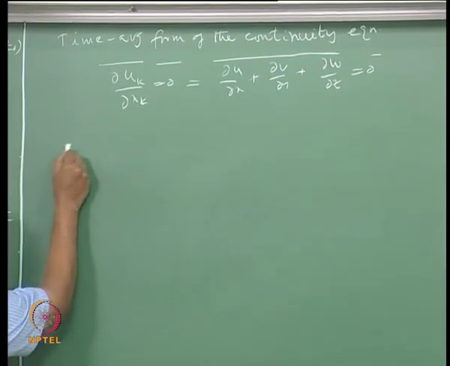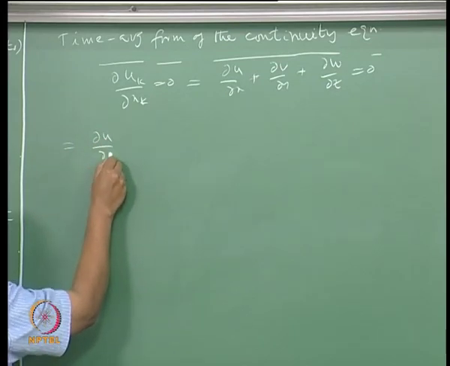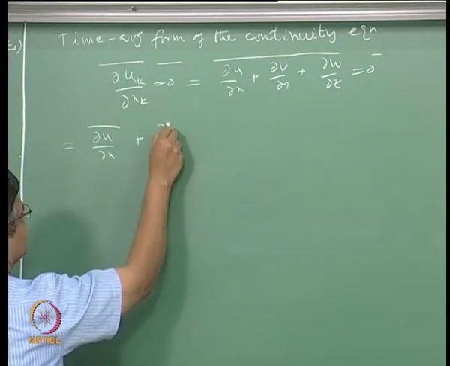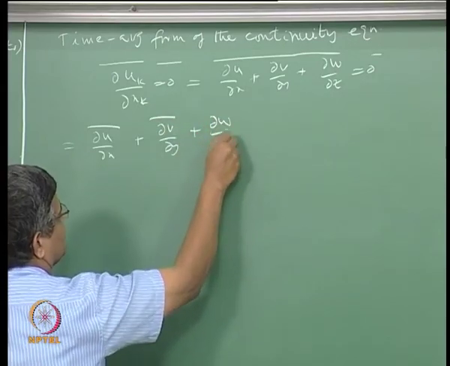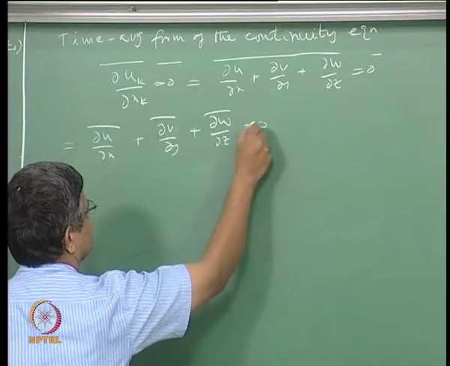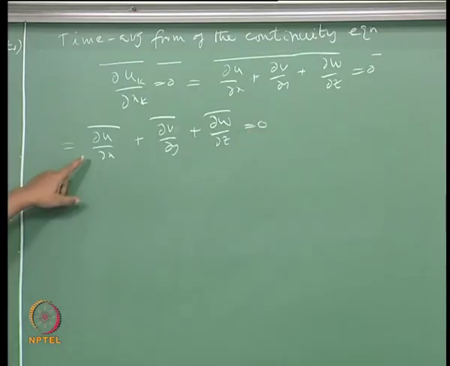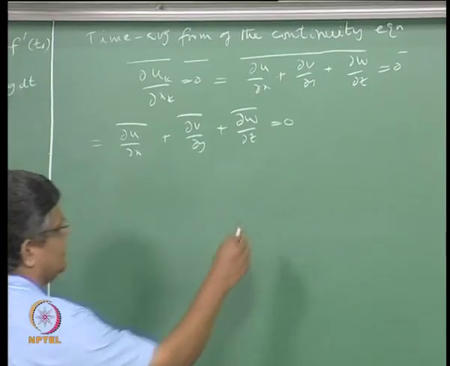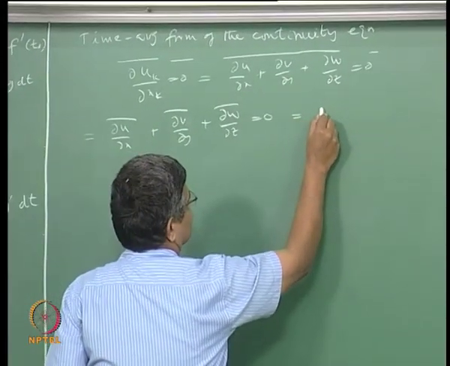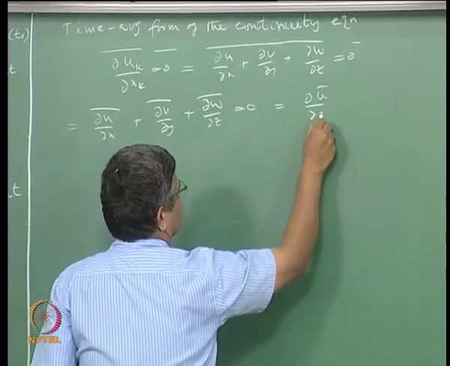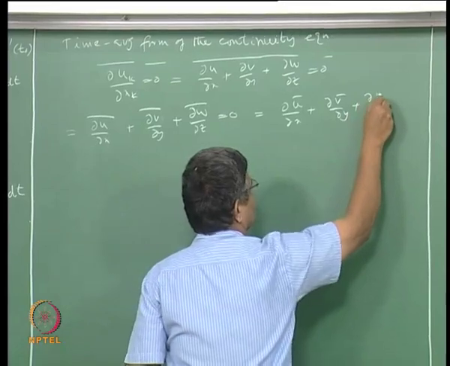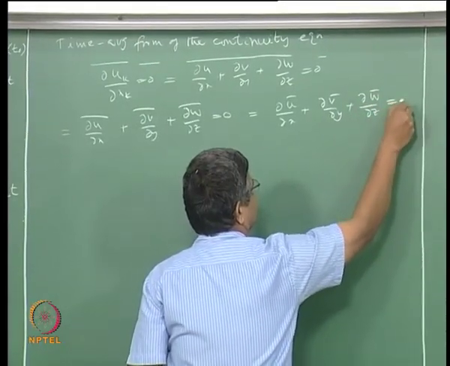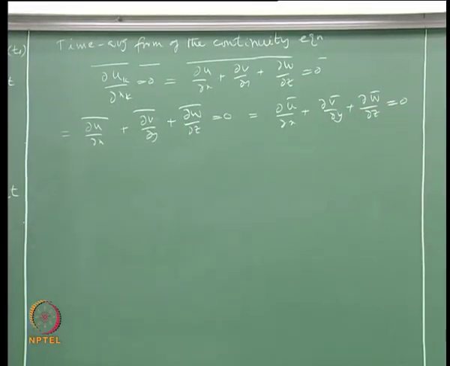So we can write this as the time average of ∂u/∂x plus ∂v/∂y plus ∂w/∂z equal to 0, and we know that the time average of ∂u/∂x is nothing but ∂ū/∂x, so ∂ū/∂x + ∂v̄/∂y + ∂w̄/∂z = 0.